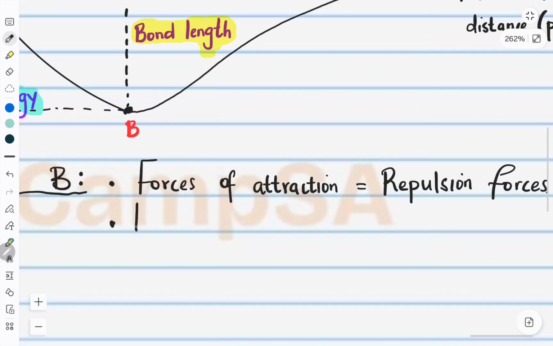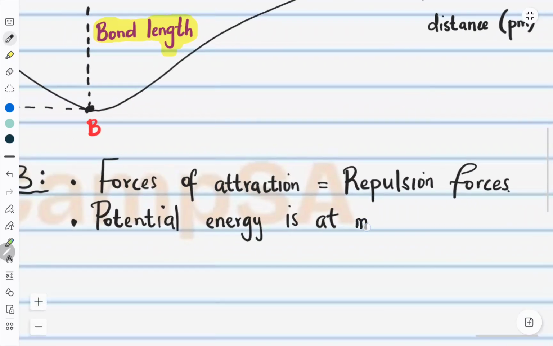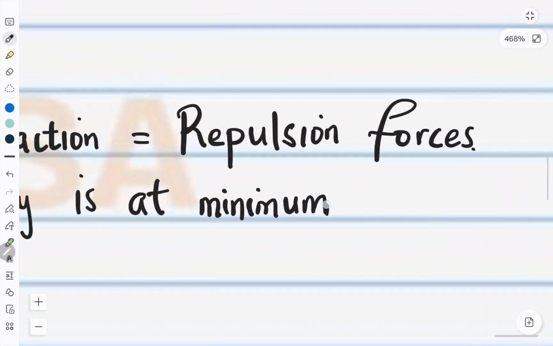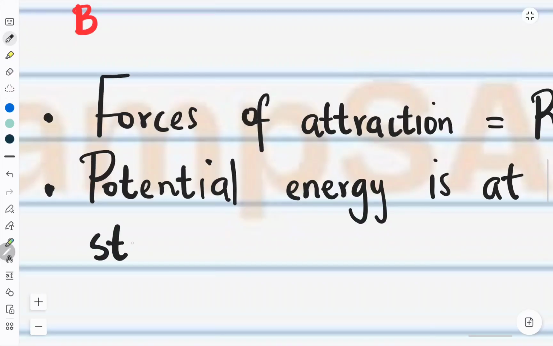At point B, potential energy is at a minimum. What else do you know about point B? It's a stable state for these. Actually, we should write it here. Stable state. The most stable state that these two atoms can reach, right?